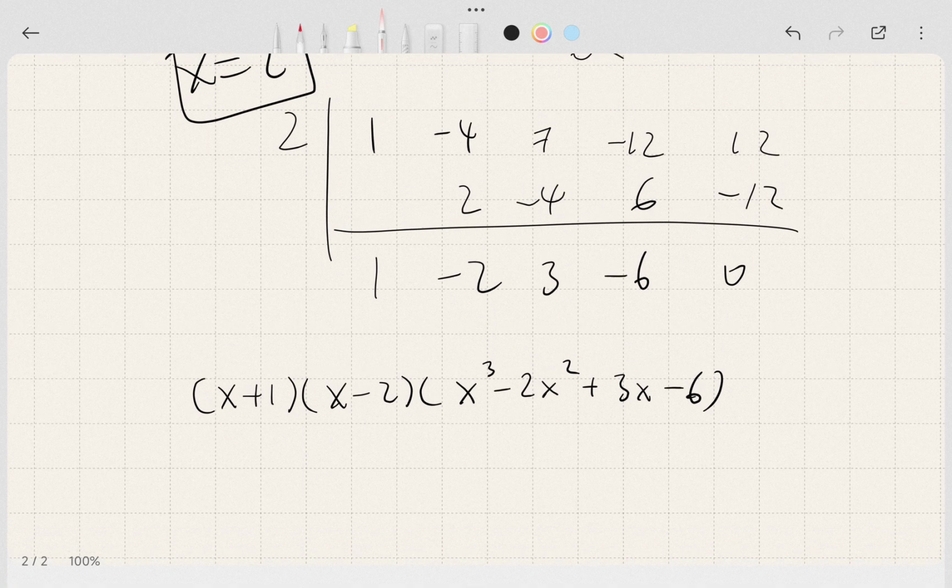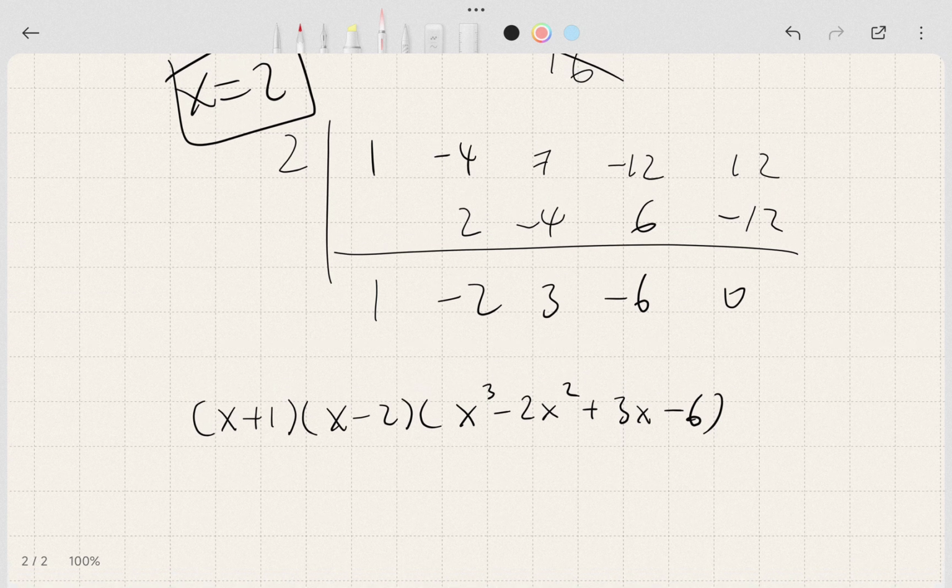Let's think about, are we able to factorize the denominator even more? Let's try 1. X equals 1, we have 1 minus 2 plus 3 minus 6.